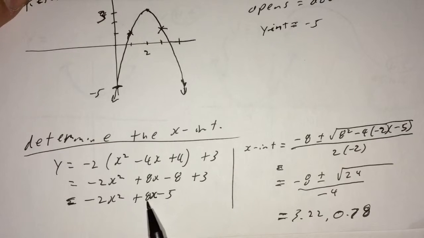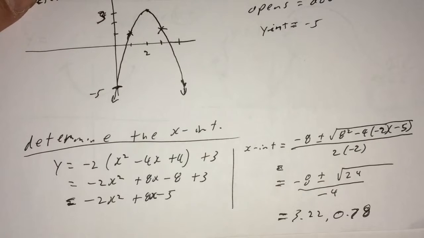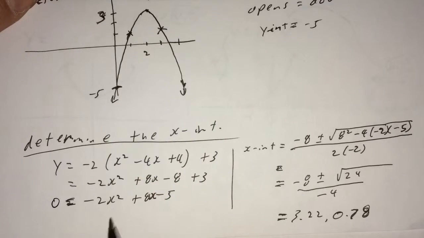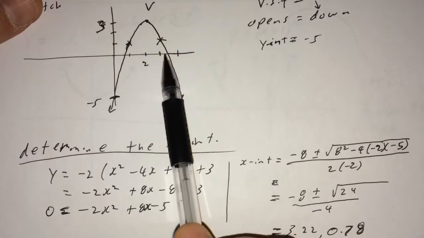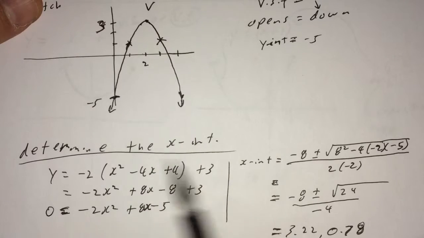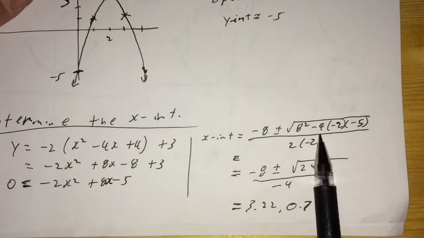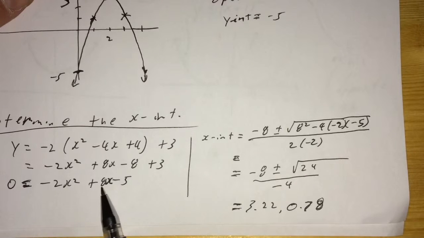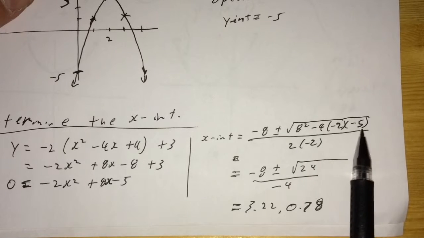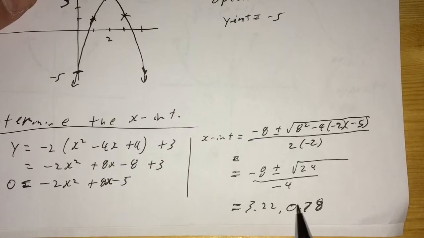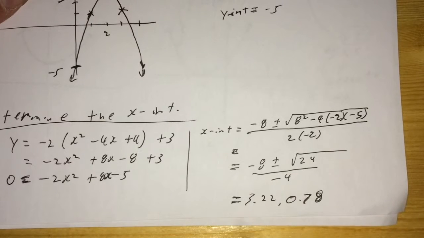So if you set this equal to 0, the only way to solve that, since we know there are x-intercepts because of the way it opens, is to use the quadratic formula. You plug in negative b plus or minus the square root of b squared, which is 8 squared, minus 4ac, all over 2a. Simplify that and you get approximately 3.22 and 0.78.